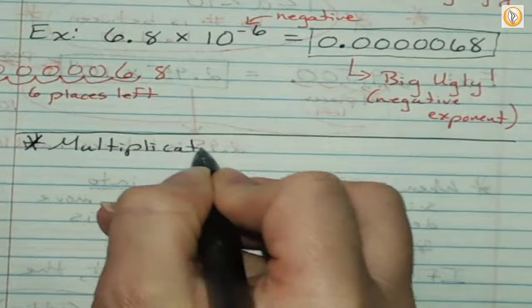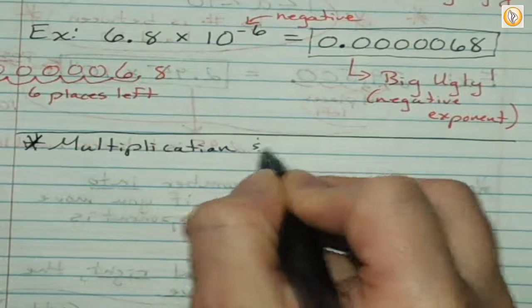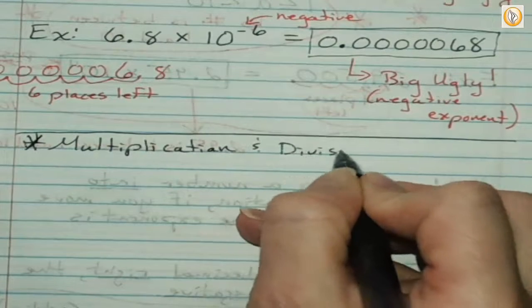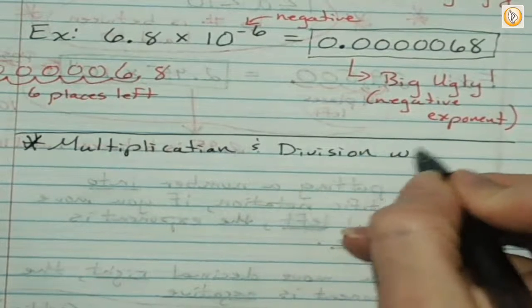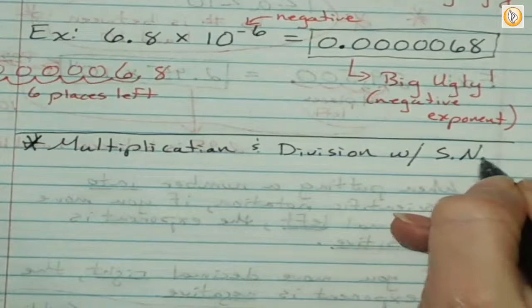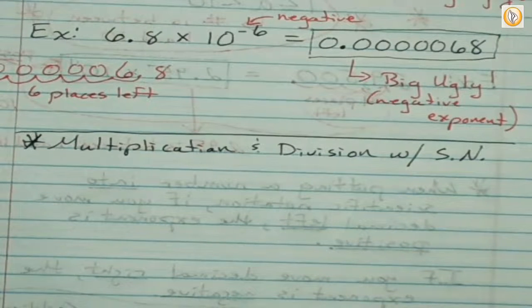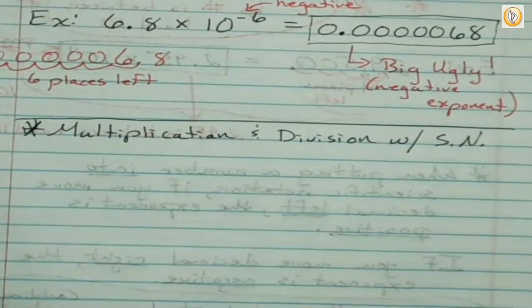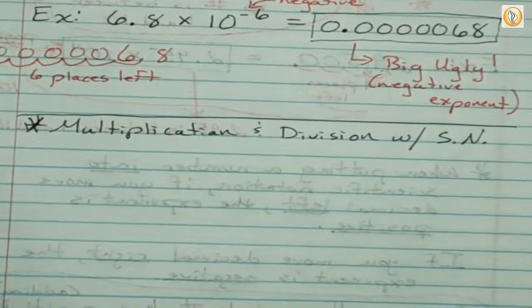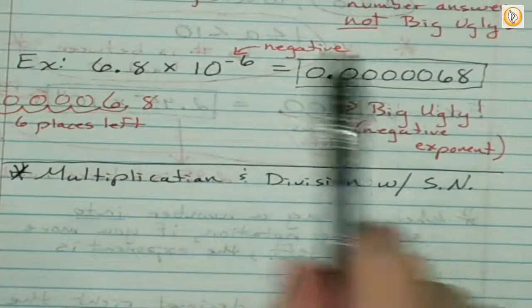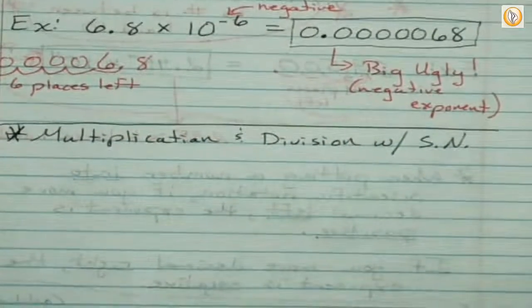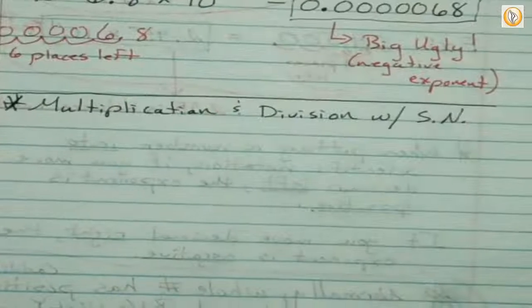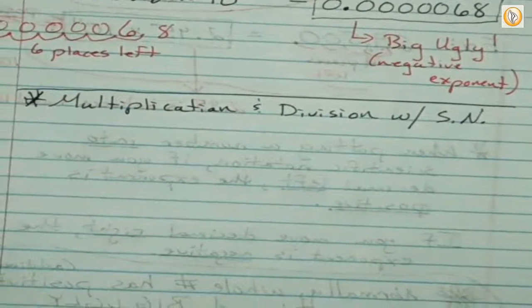Multiplication and division with scientific notation. Not scary. Not scary at all. If you guys got this stuff, you're going to be fine. But pay very close attention and take good notes.